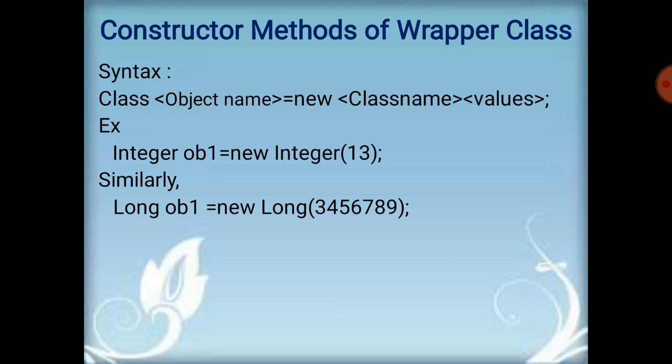Each wrapper class comes with its constructor method. That is one way used to create an object of the wrapper class. The syntax is class name, then the object name equals new class name, then the value. To create an object of the Integer wrapper class, we can write Integer ob1 = new Integer(13).